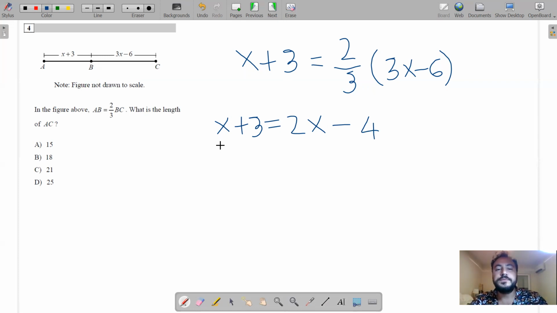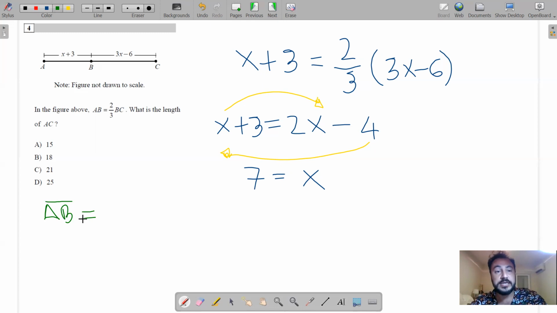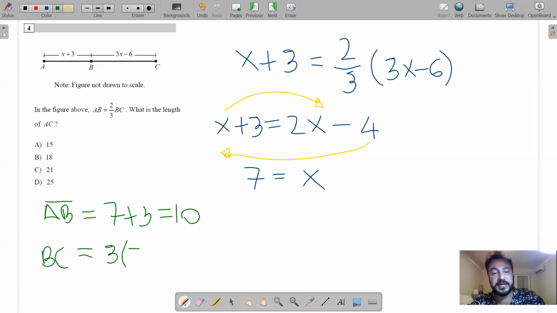So I'll move the x to this side, 4 to this side, and I'll have that x, because 2x minus x, is going to be equal to 7. That means now that my section AB is going to be 7 plus 3, which is just 10. And my section BC will be 3 times 7 minus 6. 3 times 7 is 21, minus 6 is 15.